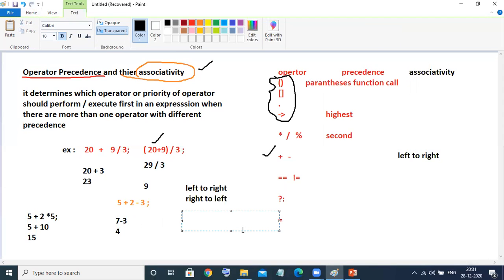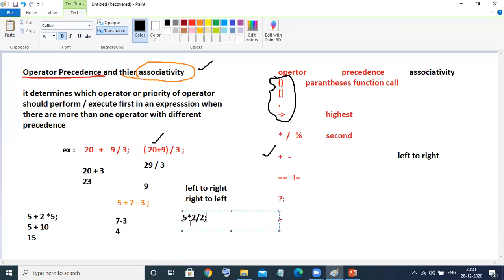Suppose we take one more example for associativity. For example, 5 into 2 divided by, suppose again, 2. Now here two operators are there, one is multiplication, another is division. Both operators have the same precedence.